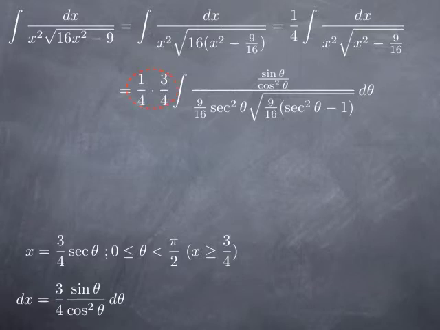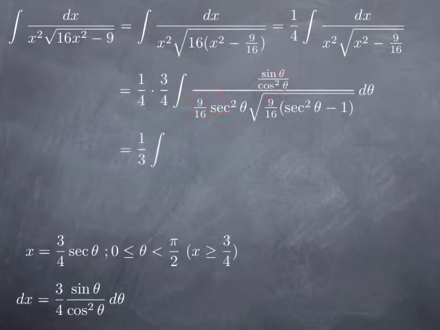So this 1/4 times 3/4, that's 3/16, and then we have this 9/16 at the bottom. We can pull it out, and so it's the reciprocal of 9/16, in other words 16 over 9. So I have 3 over 16 multiplied by 16 over 9. The 16s cancel out. I'm left with 3 over 9, which is 1/3.